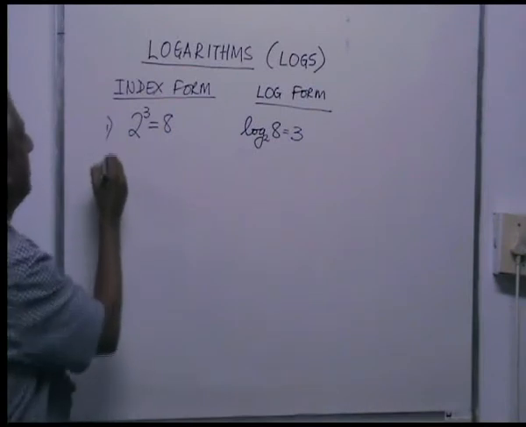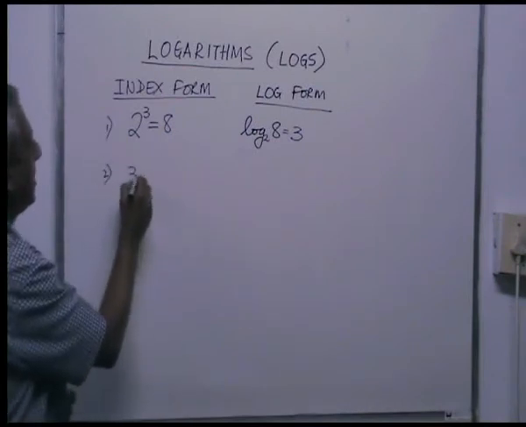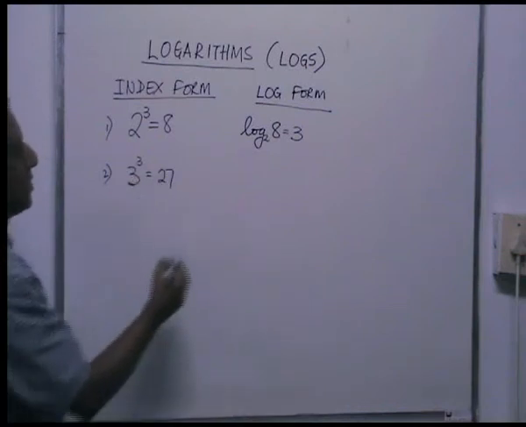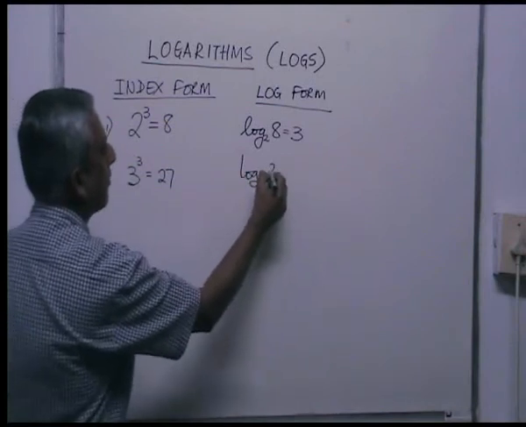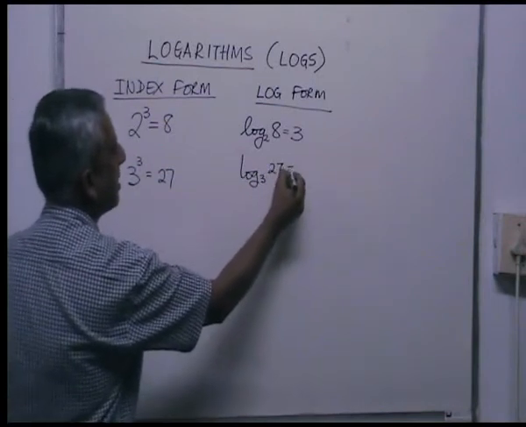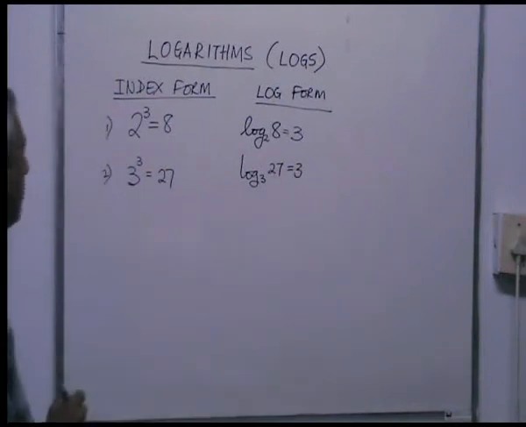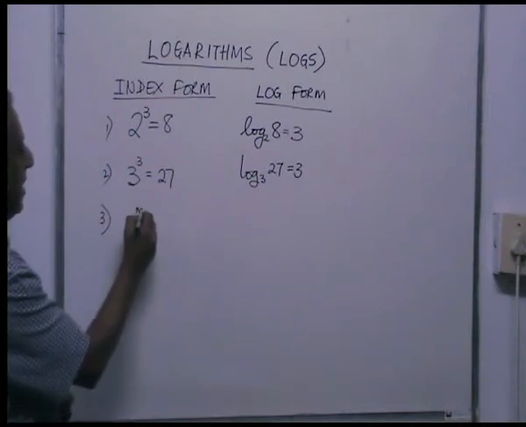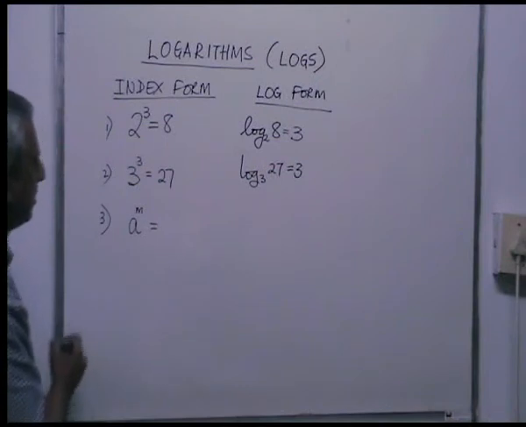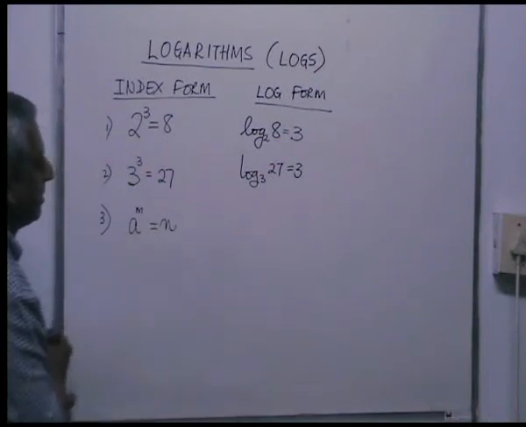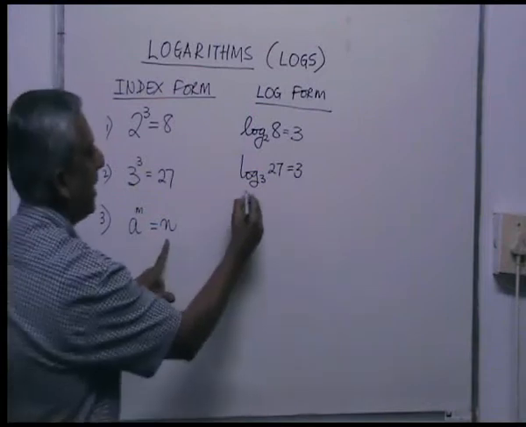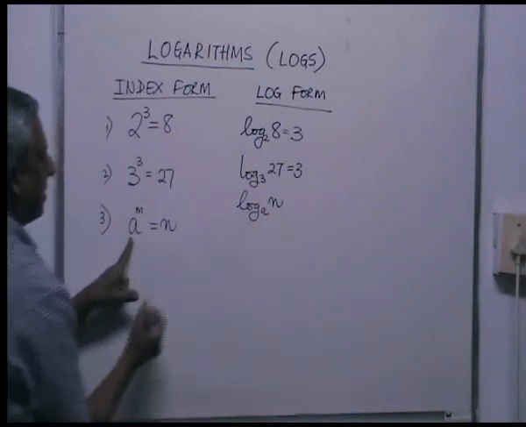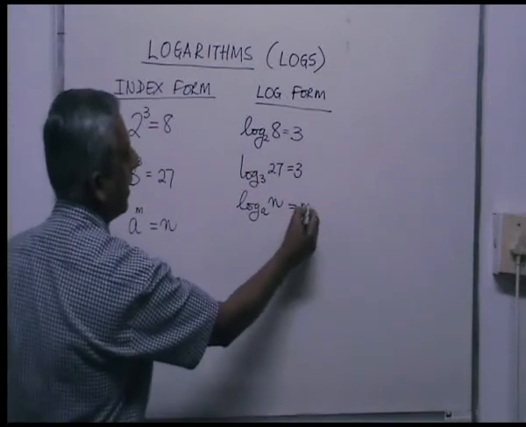Let's take another example. 3 cubed is equal to 27. So we say that the log of 27 to the base 3 is equal to 3. So if I put in some letters here, if I say a to the m is equal to n, then you will say the log of n to the base a is equal to m.